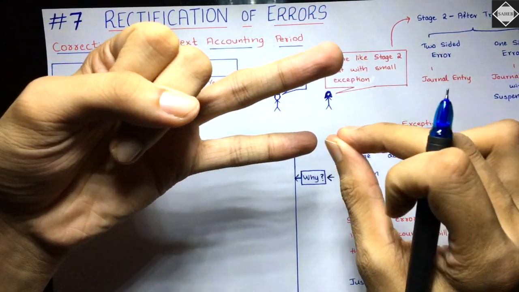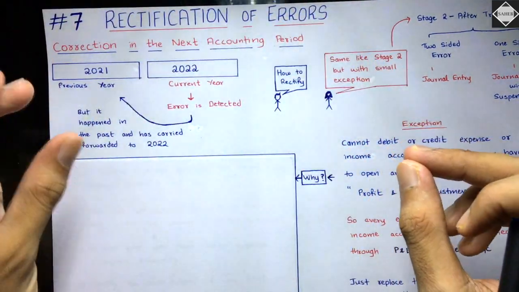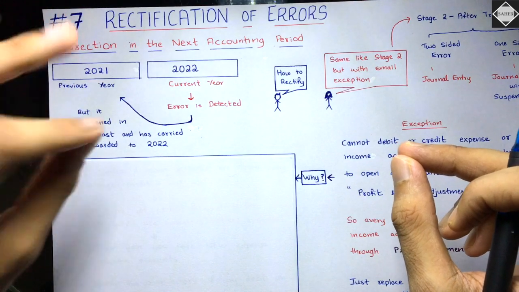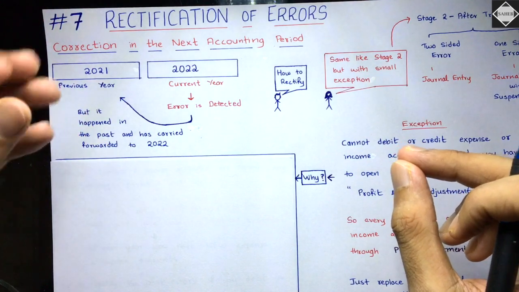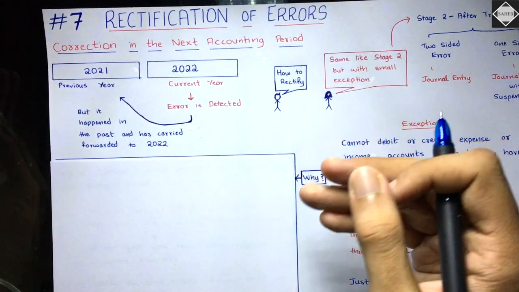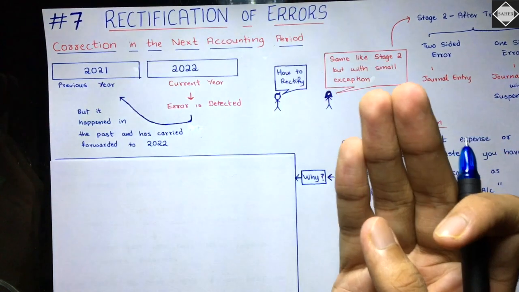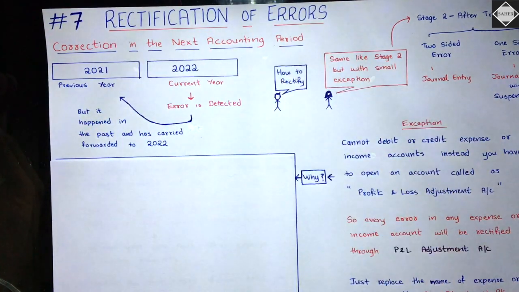We match them and we calculate profit or loss, right? And that profit or loss is added to the capital or deducted from it. That figure is carried forward to 2022, in the next accounting period. Profit will affect the capital and the capital will carry it forward to 2022.